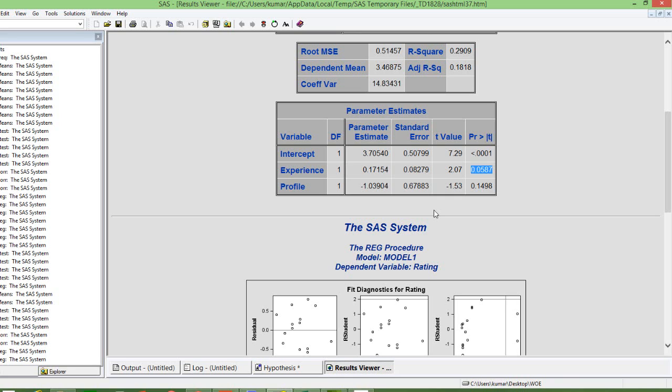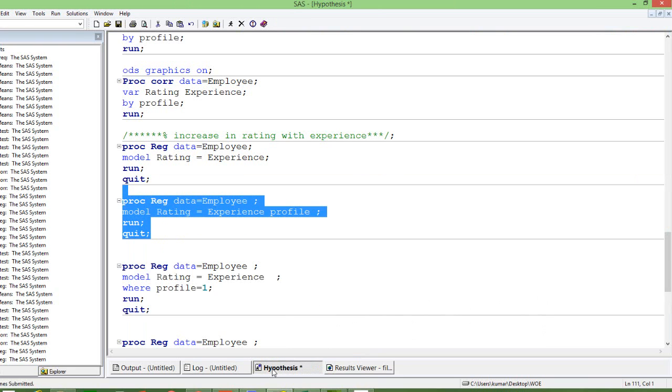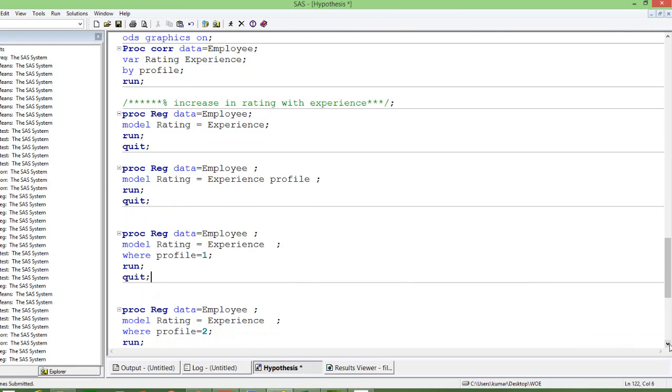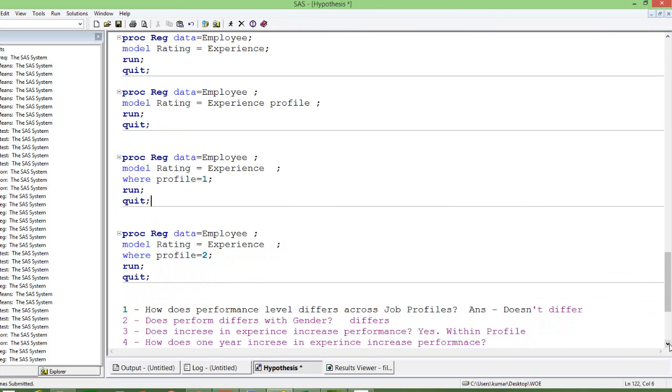It is important to segregate the data and do the regression again, and we'll have more clarity about the relationship between experience and performance rating. So for that, we will do two regressions, one for profile 1 and one with data of profile 2.